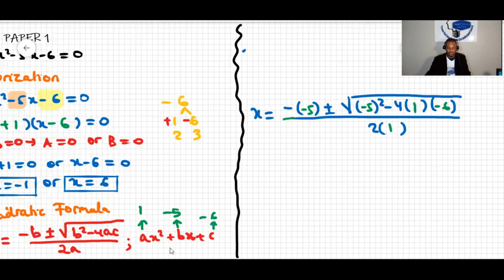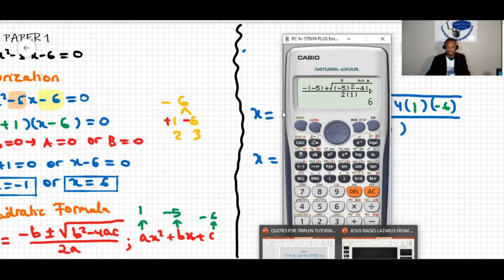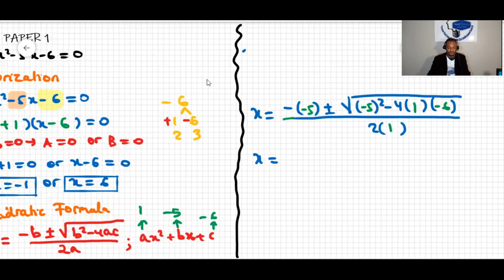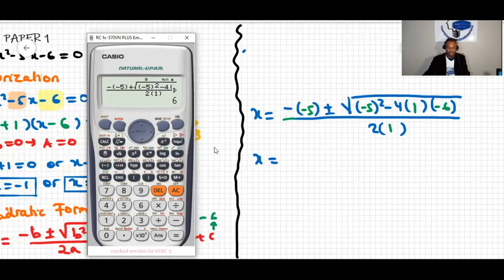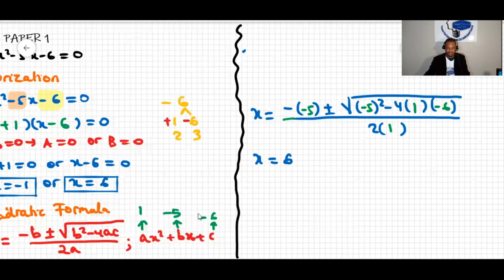Then the value of x, we can use a calculator to put the values in. Here I've already put the values in the calculator, and if you press equal, we have x is equal to 6.